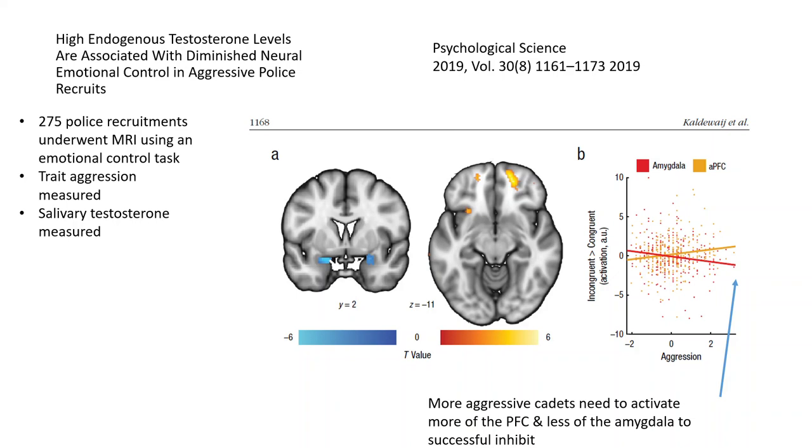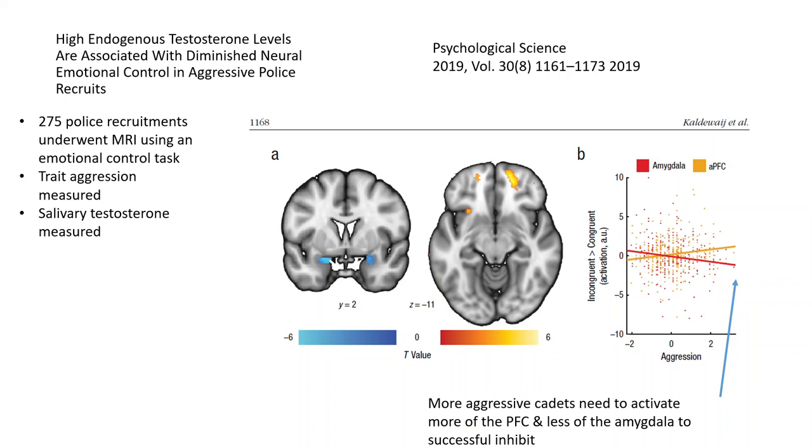So they take these police recruits, and they measure their trait aggression with a psychological scale. So some are naturally very aggressive and some are not. They measure their salivary testosterone. What they find is that the people who are very aggressive have more PFC activity than amygdala activity, the reverse of the low aggressive people.